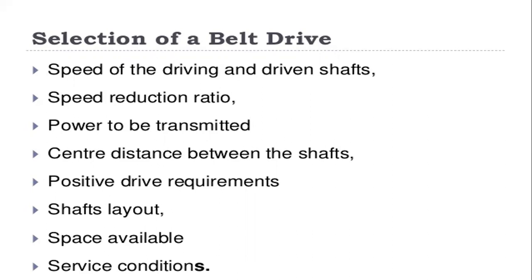We have already discussed the speed of the driving and driven shafts. The power transmission should be good, so there should be only a small difference between the driving and driven shafts.